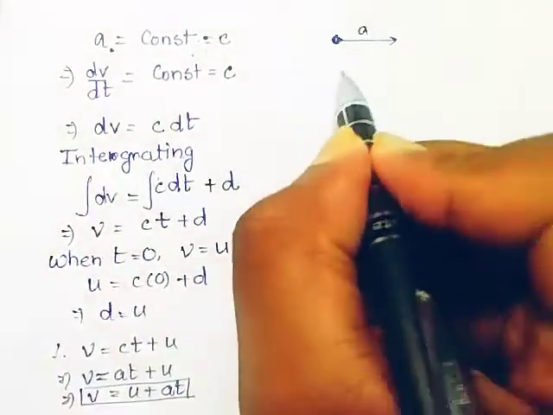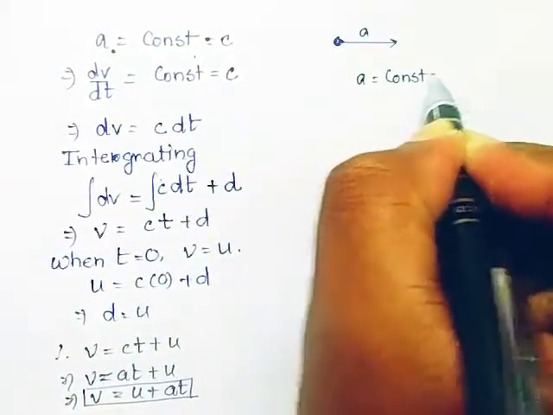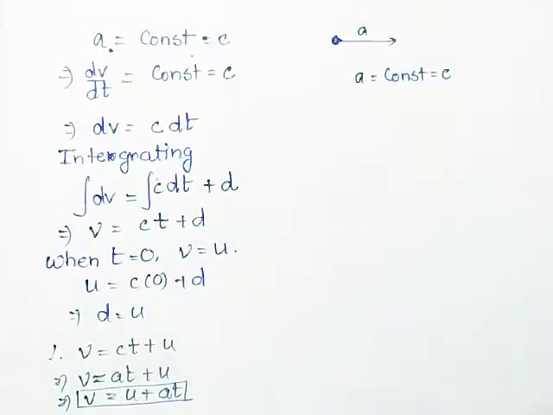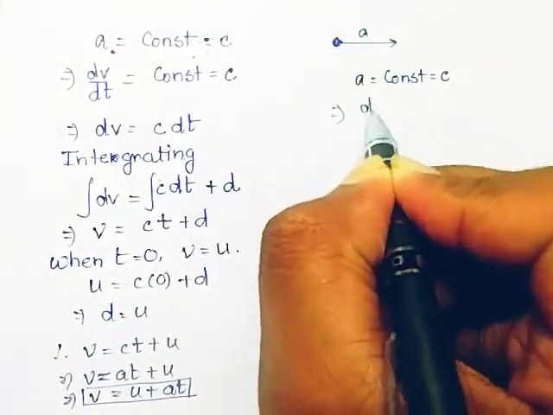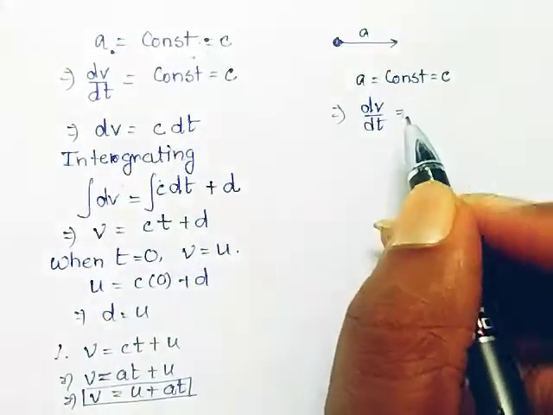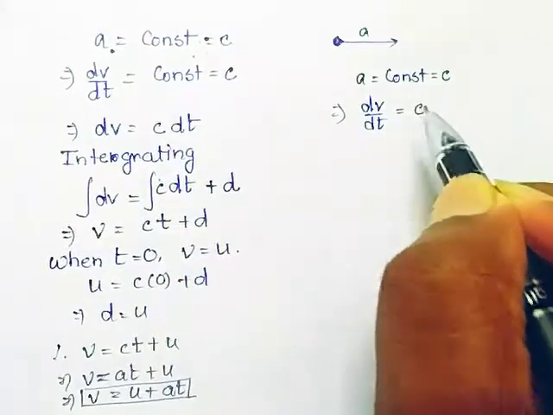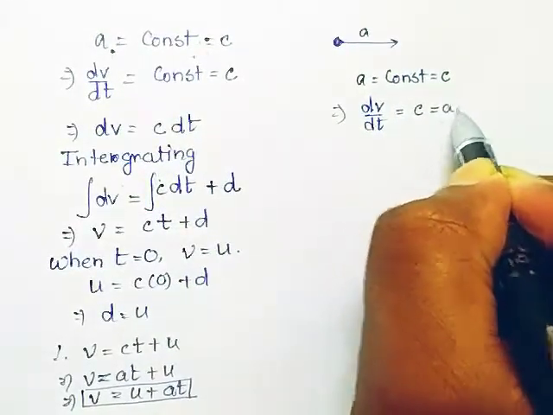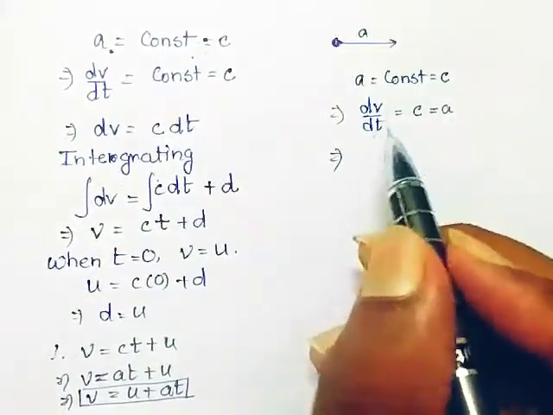Now just see, if I again consider that a is constant and that constant is c, obviously a is dv by dt, the rate of change of velocity, and that is equal to c. We can consider it a also. C or a, basically a constant.